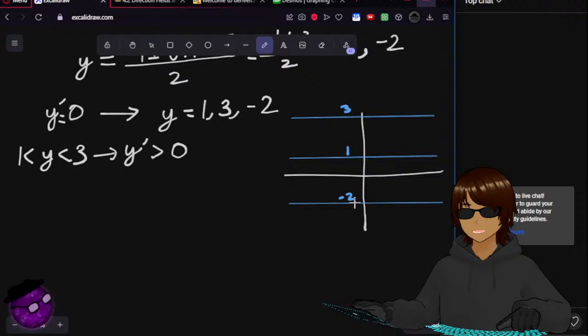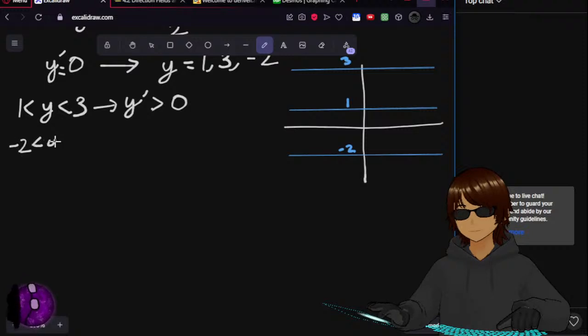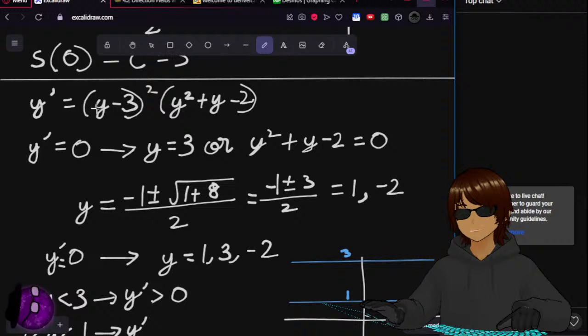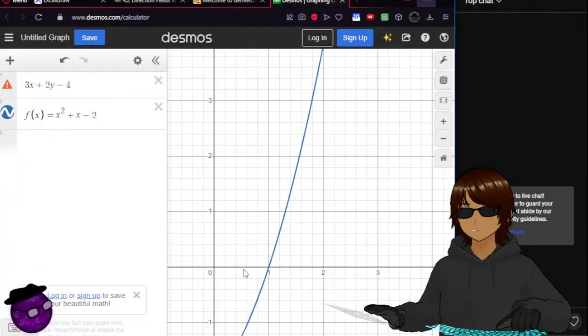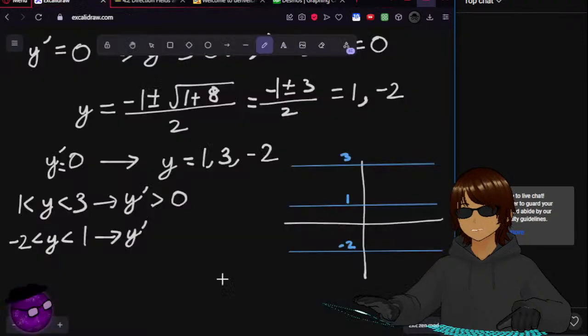Between 1 and negative 2, this part is positive. What about this part? Between 1 and negative 2, it's always negative, right?